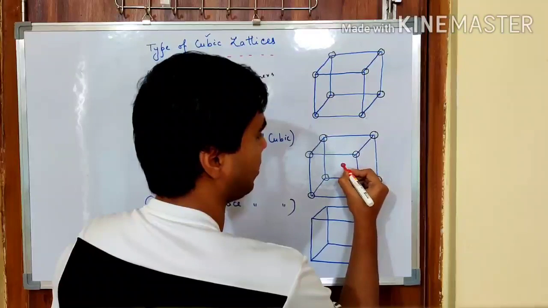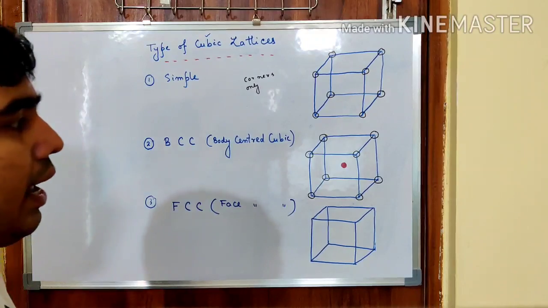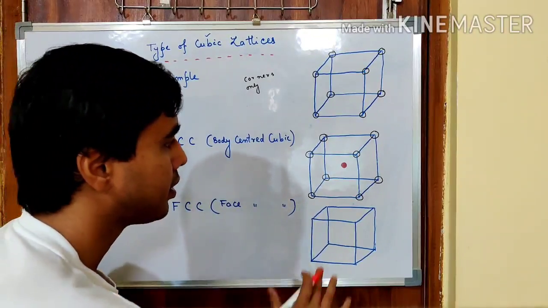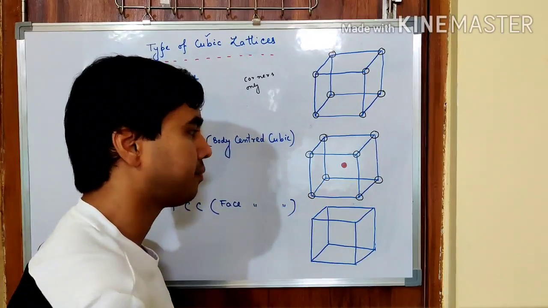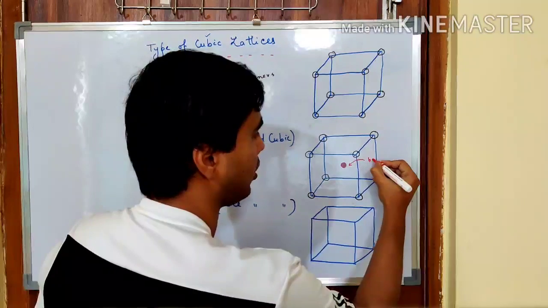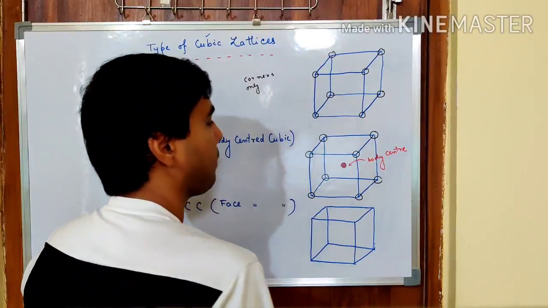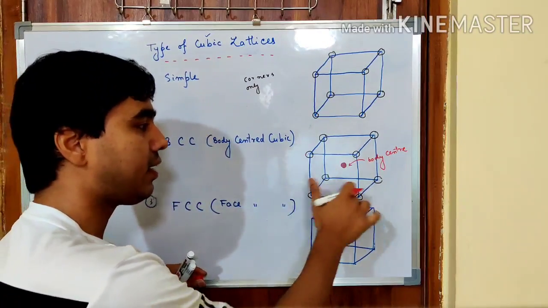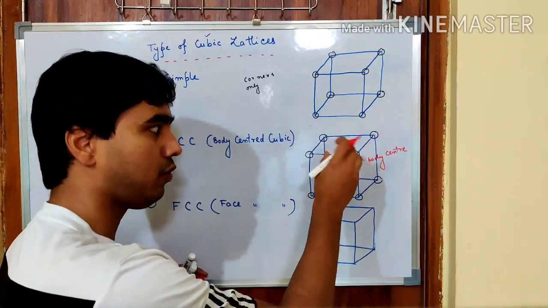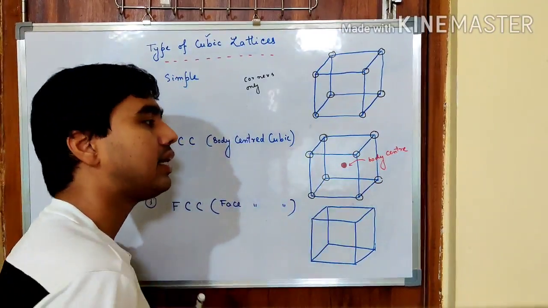Absolutely at the center, there is another atom. So this is called the body center atom. This one. Body center. So there are 8 atoms at the corners. Full portion of it is obviously not within the cube. And 1 atom at the center of it.